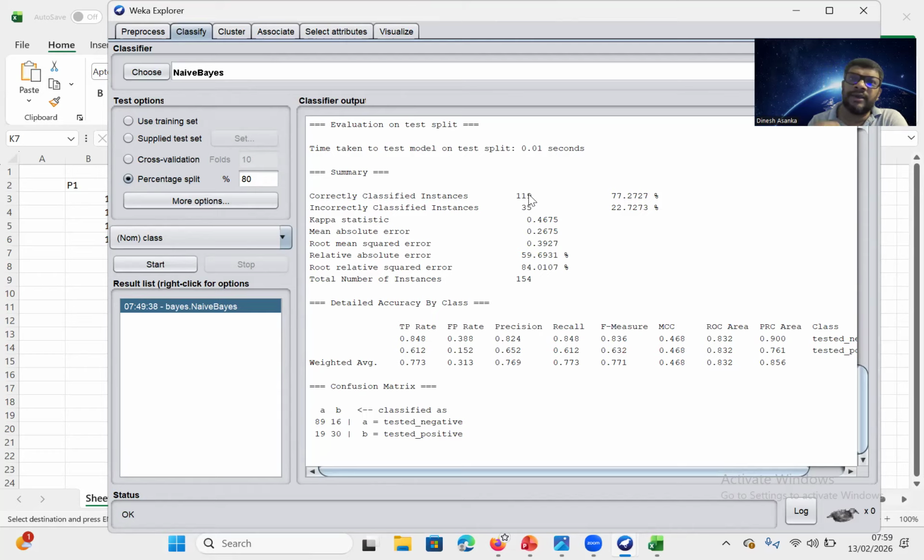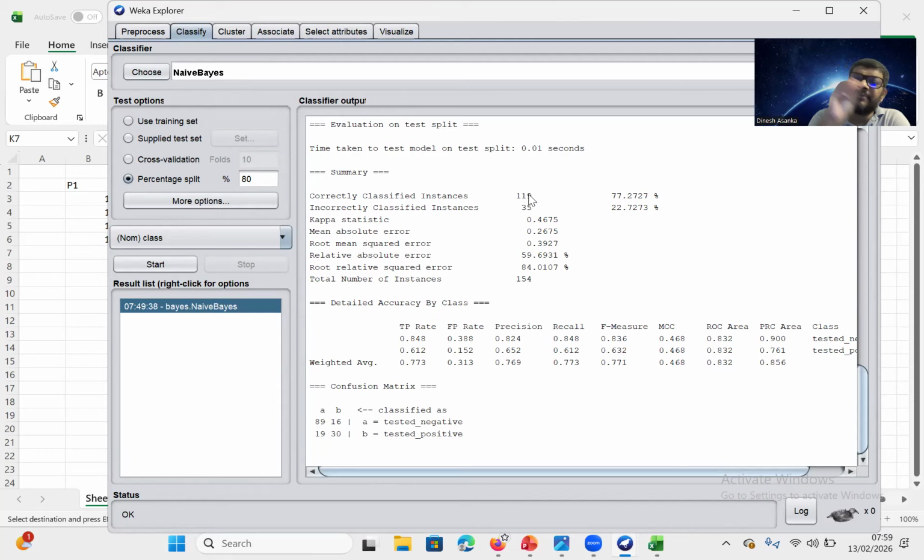But again, why have we built this model? If you are building a diabetic model, we want to identify the patients. So our prime target would be to identify the positive cases.